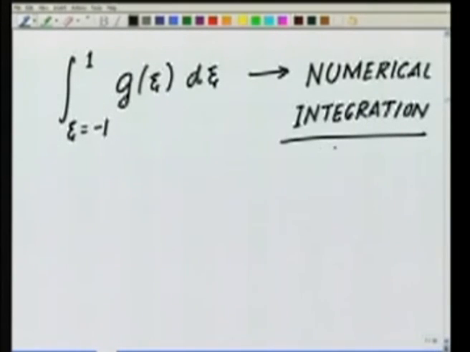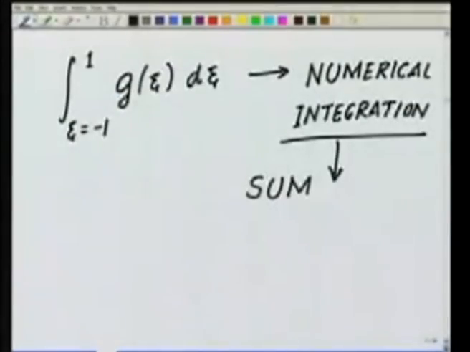Numerical integration means we will replace this integral by a sum, the sum of the values of the integrand evaluated at certain points. So this is the topic of our next lecture, where we will talk of numerical integration and how to do it for the given integrands that we face in a finite element calculation. Thank you.